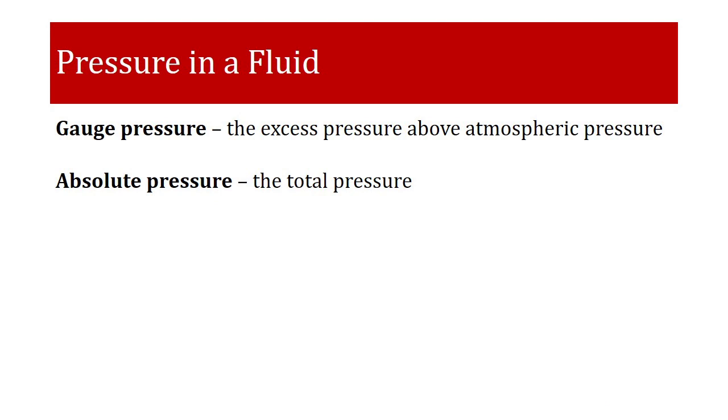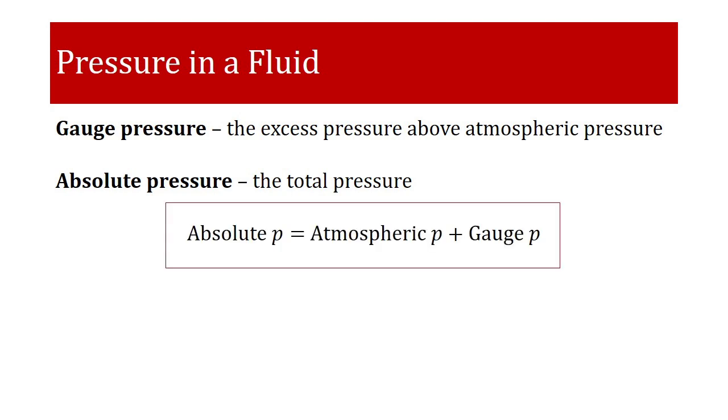Next is what we call gauge pressure and absolute pressure. The gauge pressure is simply the excess pressure above atmospheric pressure. Whatever is in excess of the atmospheric pressure of 1.013 times 10 to the 5 pascals is your gauge pressure. While the absolute pressure is the total pressure, the atmospheric pressure plus the gauge pressure.